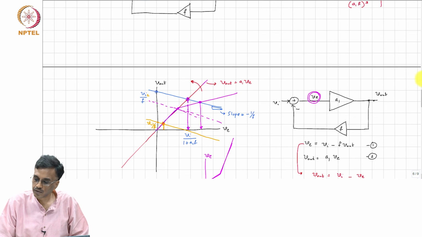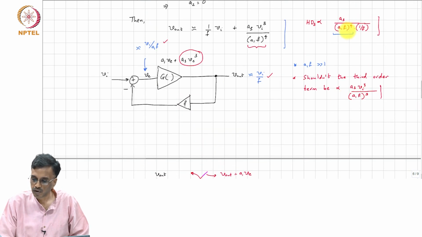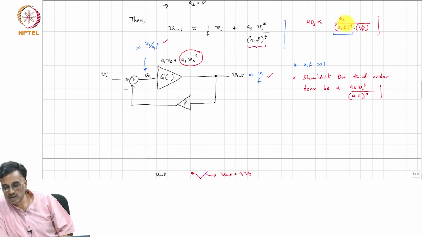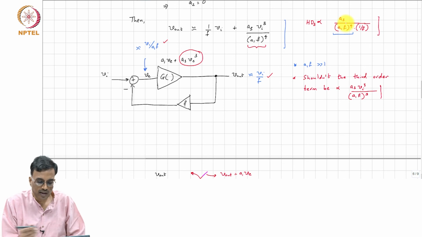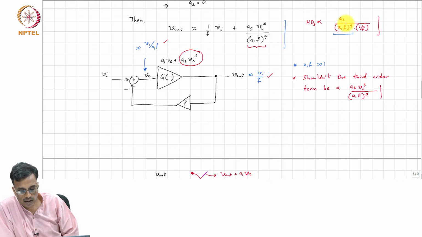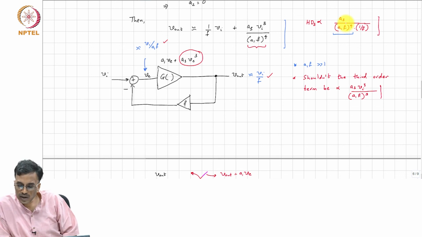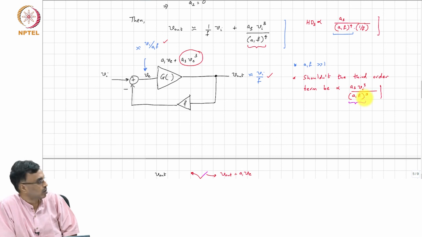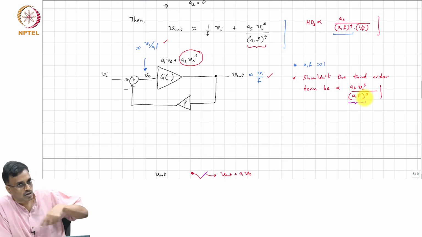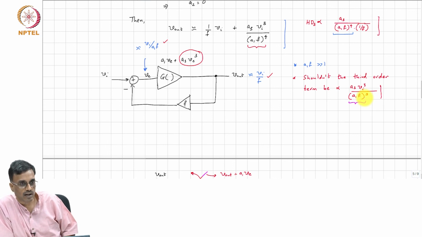That gives you an additional factor of loop gain. It is very straightforward and intuitively appealing to think that the error voltage at the input of the forward amplifier must reduce if I increase the loop gain. That is correct, but that only gives you a factor of loop gain the whole cube. But because of pre-distortion by the negative feedback loop, you are actually getting an additional factor of A1F.